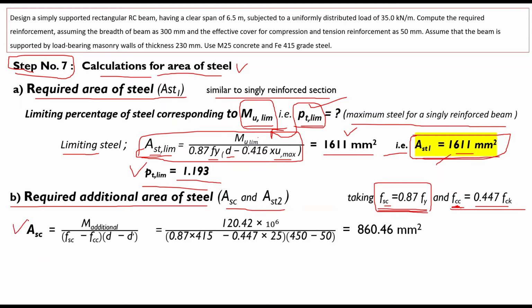So ASC we can calculate as M additional upon FSC minus FCC into the lever arm D minus D dash. That means this is the lever arm between ASC and AST, and the net force is FSC minus FCC, and this much distance forms a couple, that is D minus D dash.